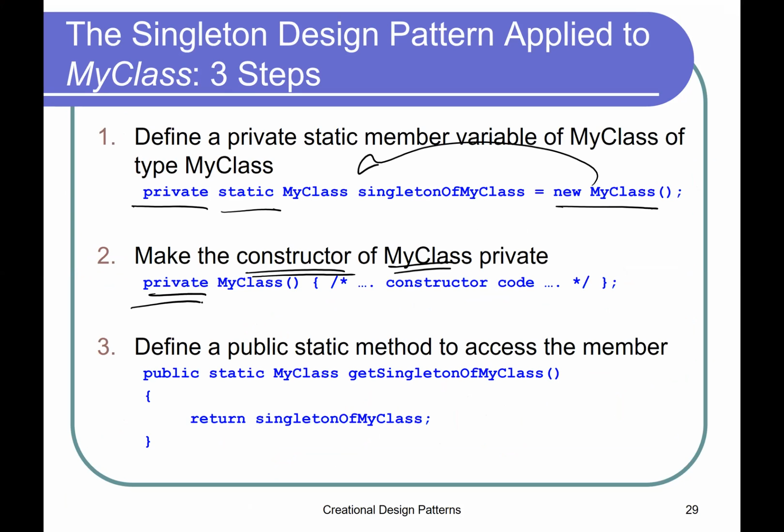Now, a constructor is nothing but a function, first and foremost. So when you make the constructor private, nobody from the outside can access the constructor of that class other than the class itself. In other words, only the class itself can produce objects of its own type. There is no client outside that can go my class singleton S equals new my class.